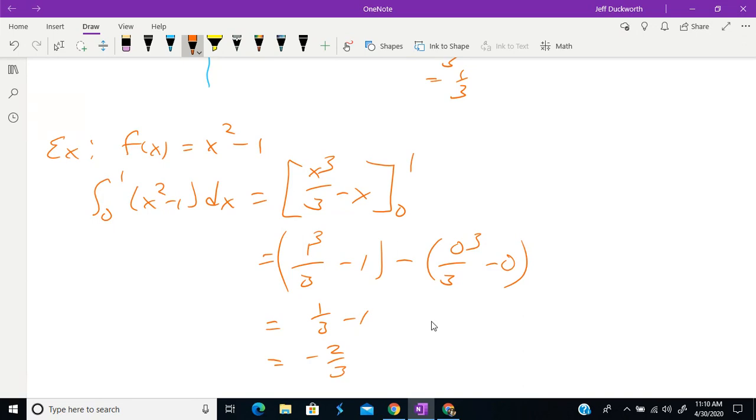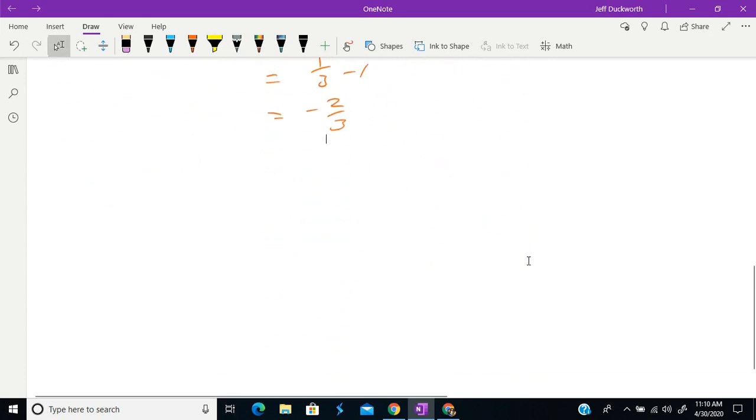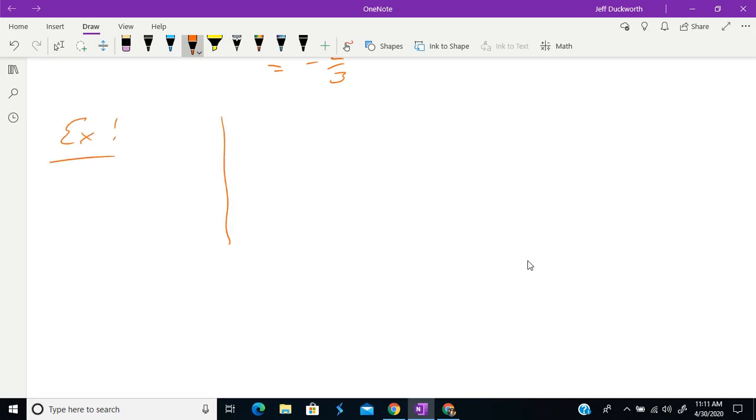And you can get things that will zero out. So for instance, let's take this graph. Let's just take f of x equals x, and let's go from -1 to 1. So let's check the integral from -1 to 1 of x dx.